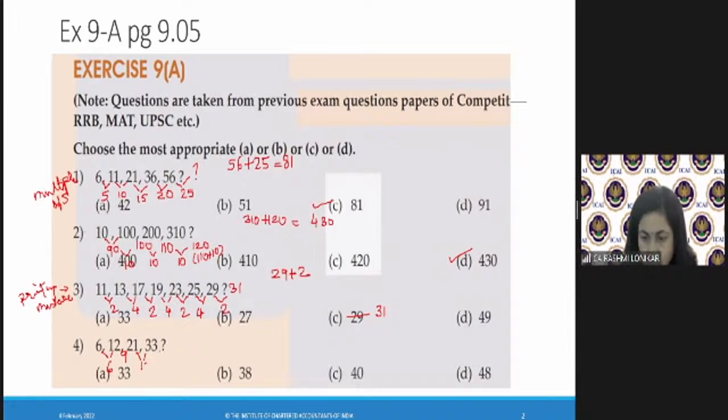Right? Can you see? This is a table of 3. This is 6, 9, 12. So difference should be 15. So what will be the number? 33 plus 15, which is equal to 48. So what will be the answer? D, that is 48 will be the answer.